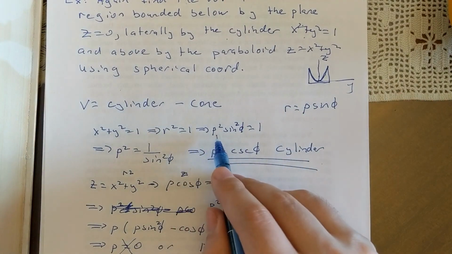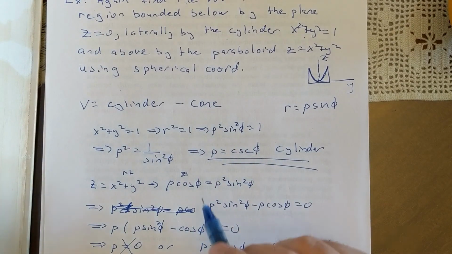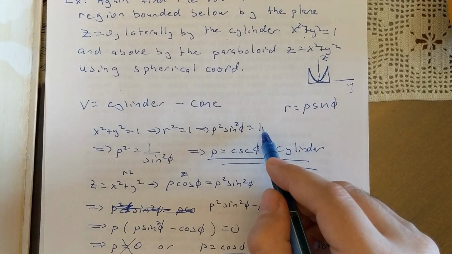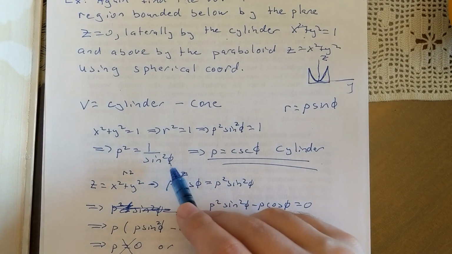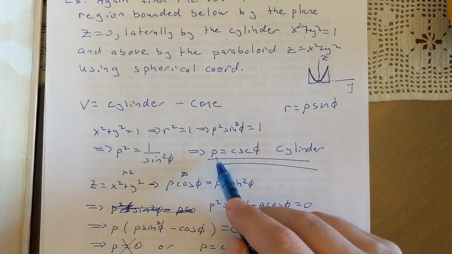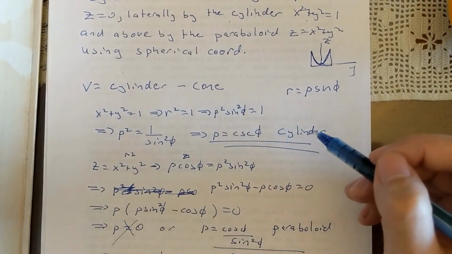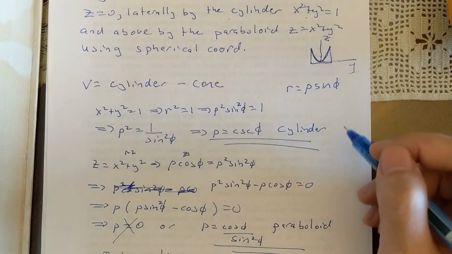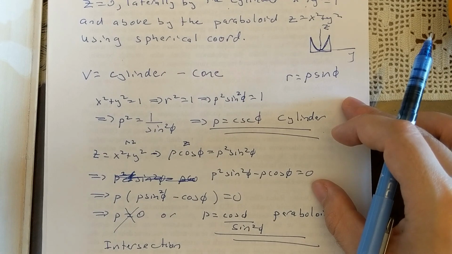So r squared equals 1 means rho squared sine squared phi is equal to 1. I'm trying to get this in terms of rho, so rho squared is equal to 1 over sine squared phi. Take the square root and you get rho equal to 1 over sine phi. In other words, rho is equal to cosecant phi. That's the equation of our cylinder, x squared plus y squared equals 1, in terms of spherical coordinates.